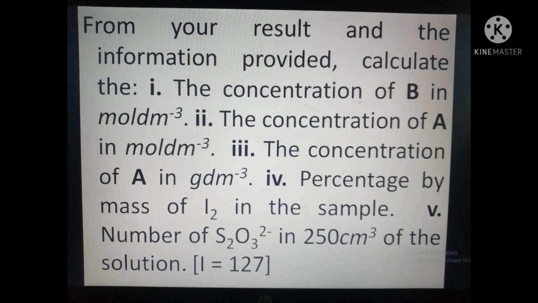From your results and the information provided, calculate: I, the concentration of B in mole per dm³; II, the concentration of A in mole per dm³; III, the concentration of A in gram per dm³; IV, percentage by mass of iodine in the sample; and V, number of thiosulfate ions in 250 cm³ of the solution.